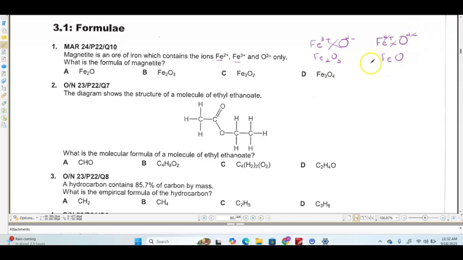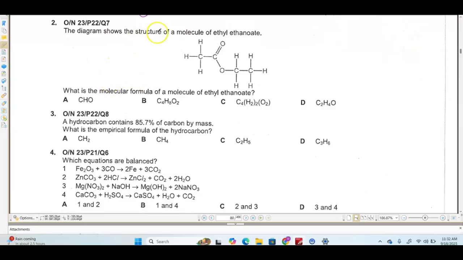So these two can be the formula for magnetite. So if we look at the options, we see that B resembles one of these formulas, which is Fe2O3. So B is going to be our correct option.